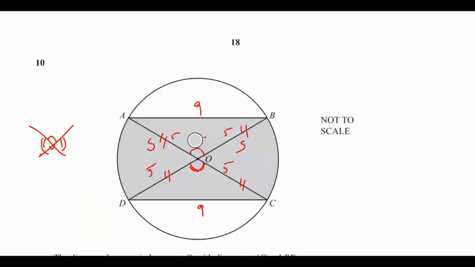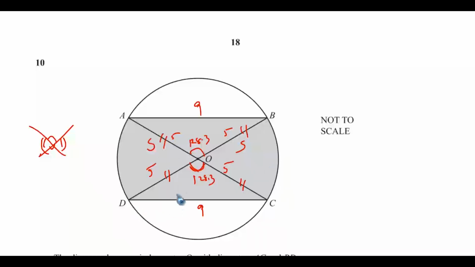Let's write here the angle is 128.3, and this place is also 128.3. What I'm trying to do is calculate the perimeter of this shaded portion. To get it, I need this side, which is 9 centimeters, then I need these two arcs. That is why I'm calculating this angle.